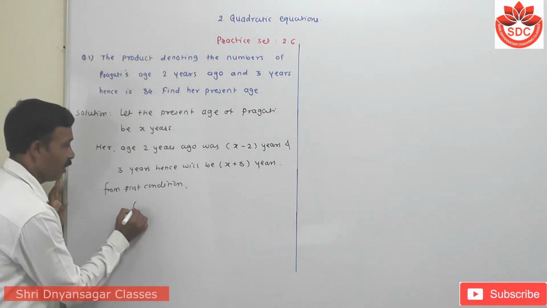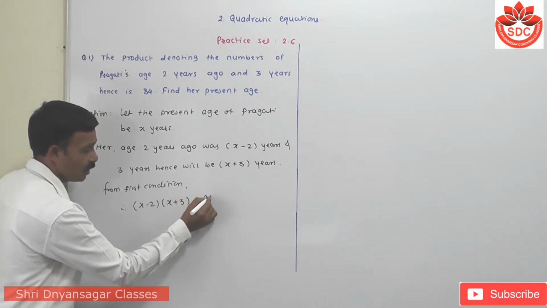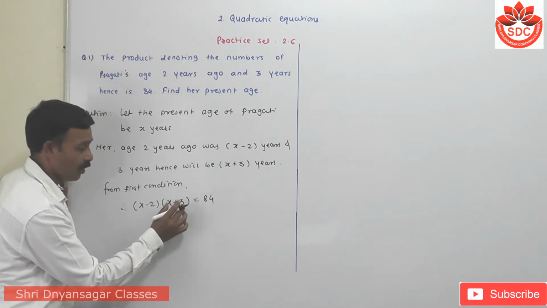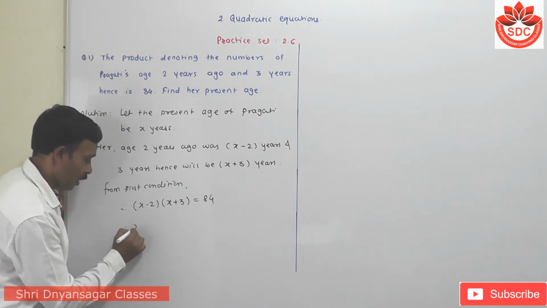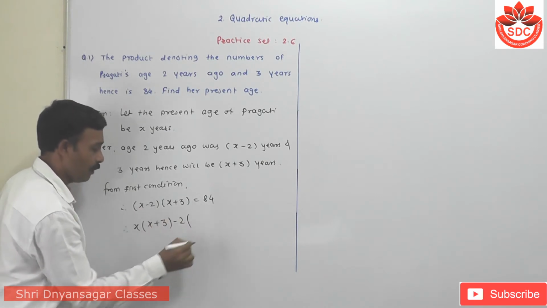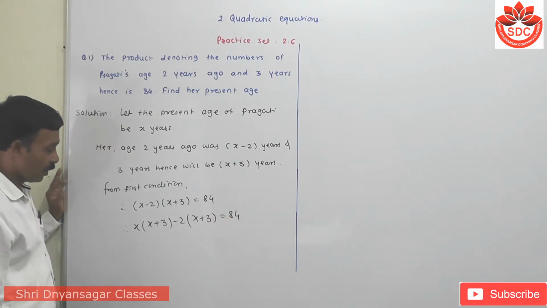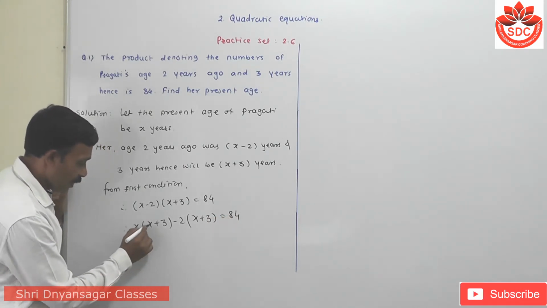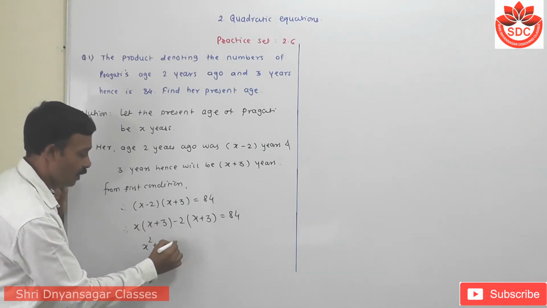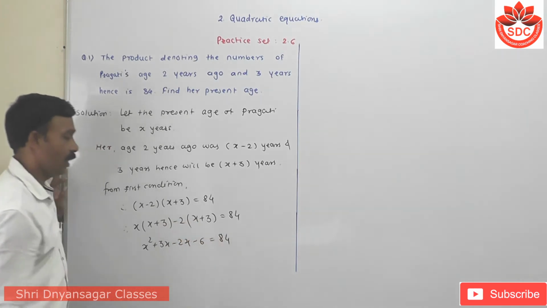That means (x minus 2) into (x plus 3) is equal to 84. Then we multiply bracket by bracket. We get x(x plus 3) minus 2(x plus 3) is equal to 84. The product gives x square plus 3x minus 2x minus 6 is equal to 84.